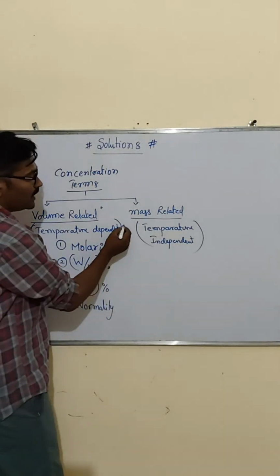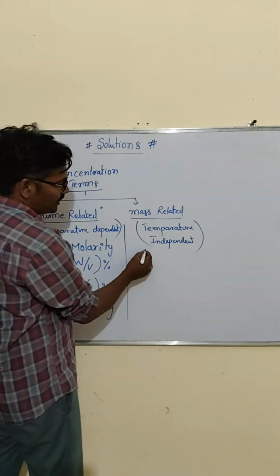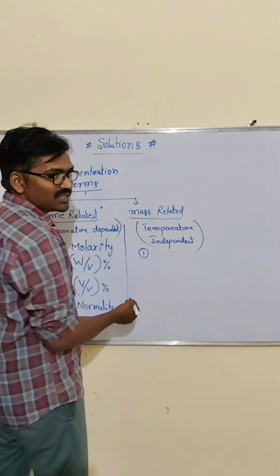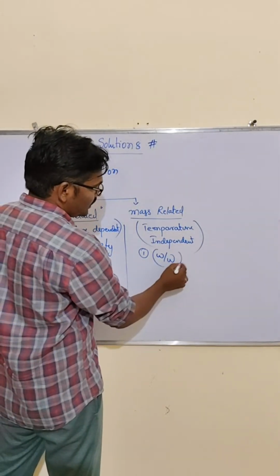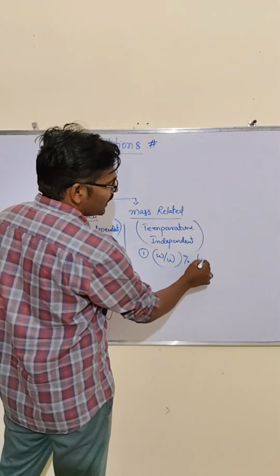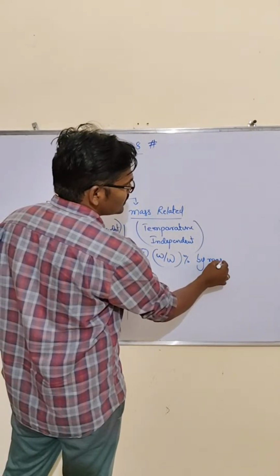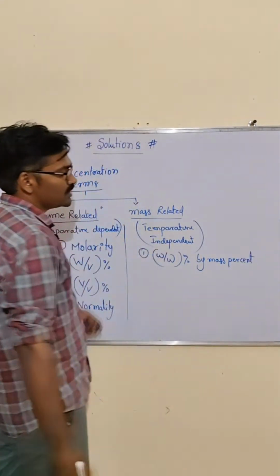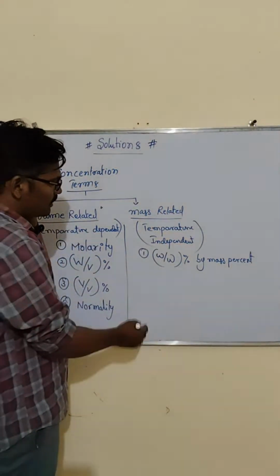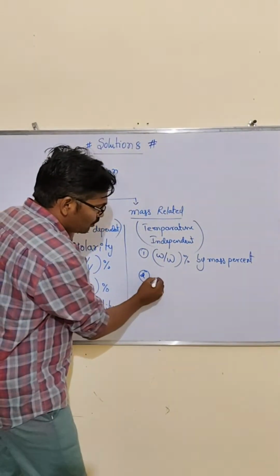Then which are independent? Number one, only mass related: weight by weight percentage, which we also call mass percent. Second one is molality.